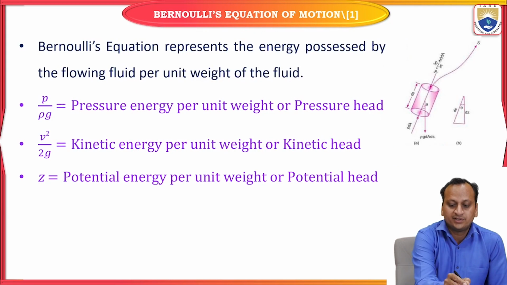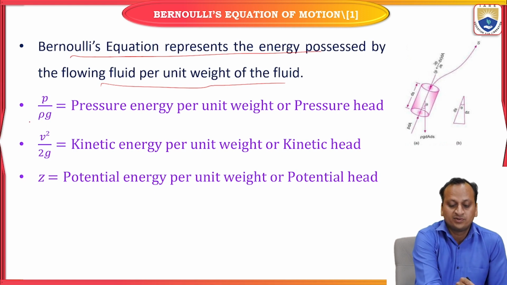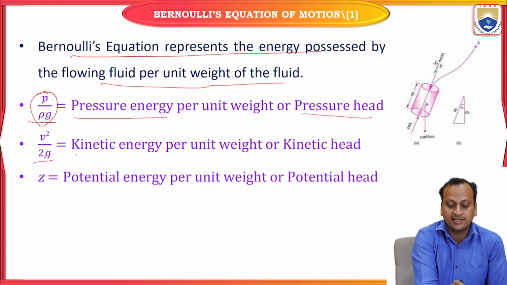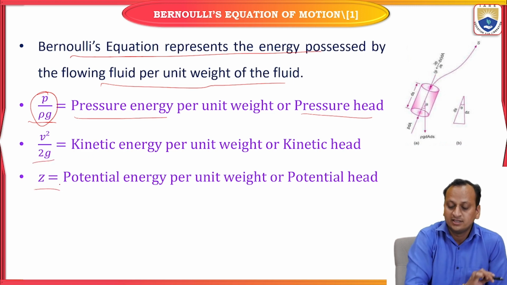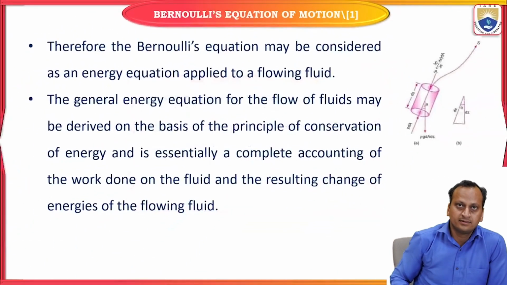The Bernoulli's equation represents the energy possessed by a flowing fluid per unit weight of fluid. Each component of the equation can be defined: the pressure energy per unit weight or pressure head, this is the kinetic head, and the other one is the potential head.